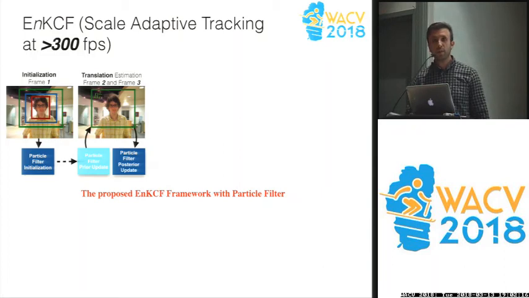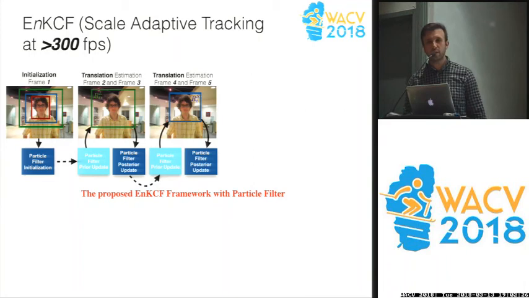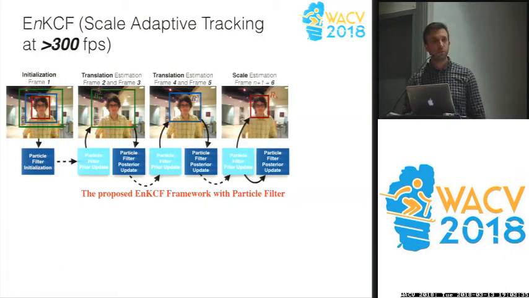In the next frame, we run a large area translation filter together with the particle filter to estimate translation. In the following 2 frames, we operate the smaller area translation filter as well as the particle filter as before. Finally, in the 5th frame, we update our scale using the scale filter, and we only rely on the particle filter to estimate the translation of the target.